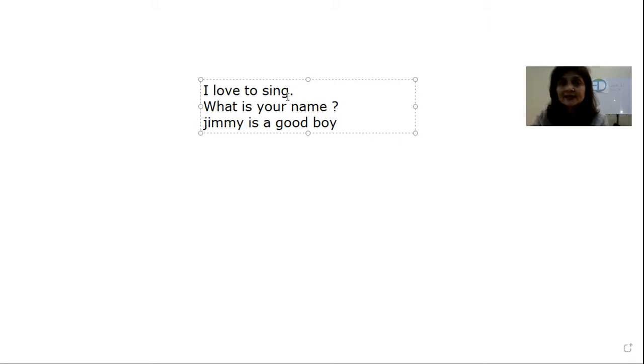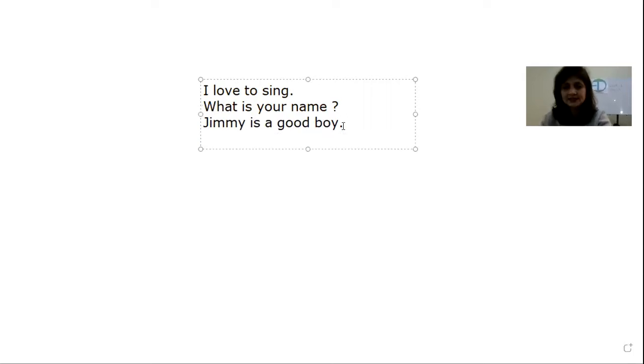So, are you supposed to write this with a small letter? No, because a name is always written with a capital letter. And what other mistake is there? Yes, there is no full stop at the end of the sentence. So, you have to put a full stop at the end of a sentence, right?